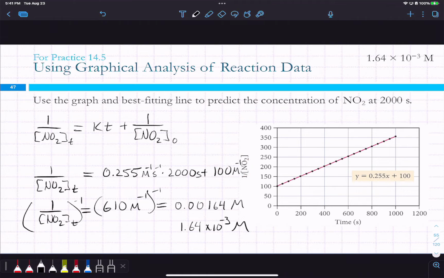Cool. Easy. Plug numbers in. Alrighty. So it's the same thing for the second order. You just have a different equation.